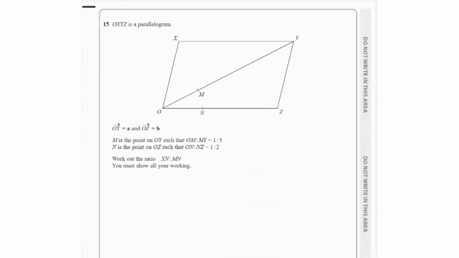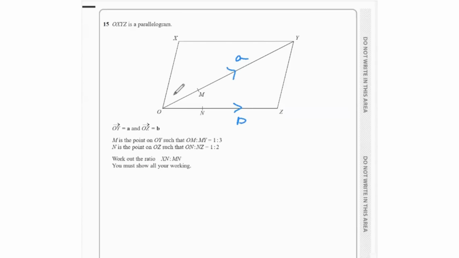Then it says OXYZ is a parallelogram. Vector OY equals A. Vector OZ equals B. M is the point on OY such that OM is to MY is 1 is to 3.